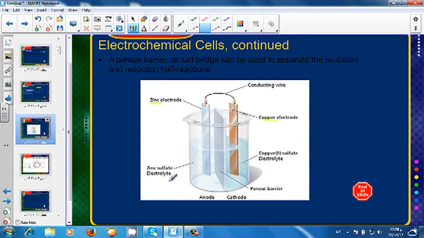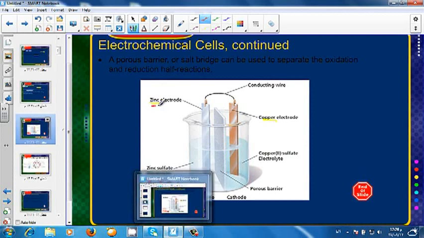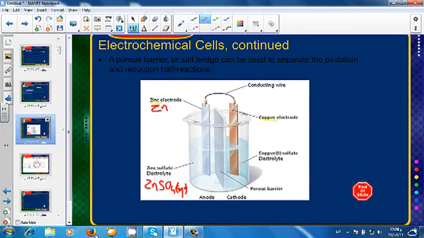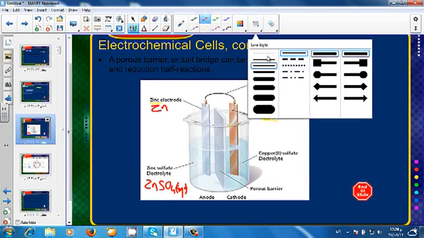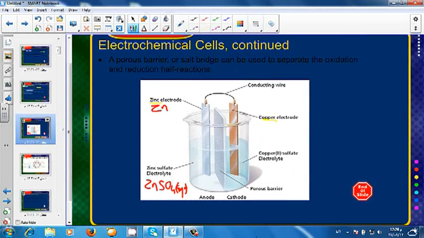So the zinc electrode is immersed in a zinc sulfate electrolyte, ZnSO4 solution, aq, and here I have solid zinc. The other electrode is copper, immersed in the copper sulfate solution CuSO4, aq.